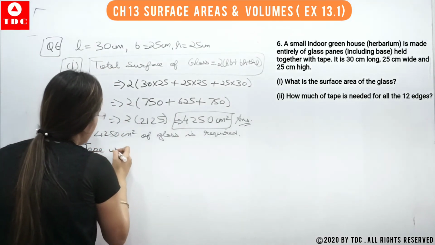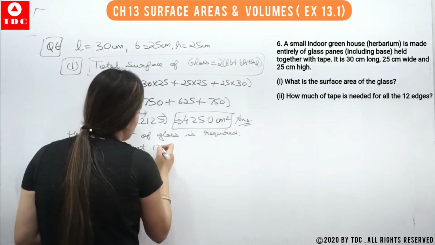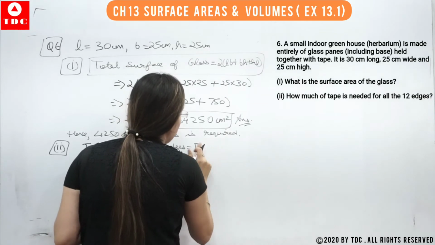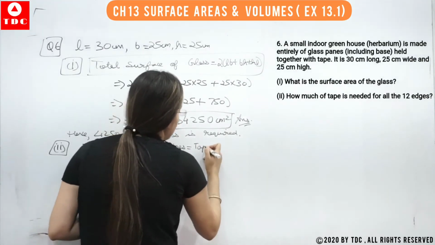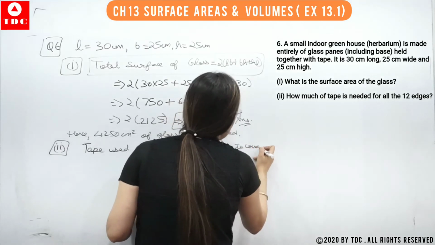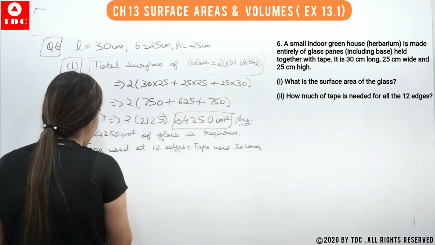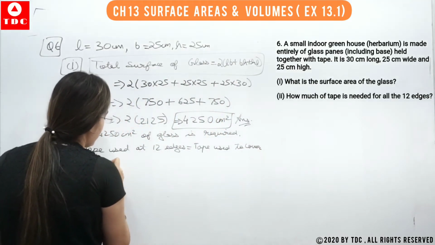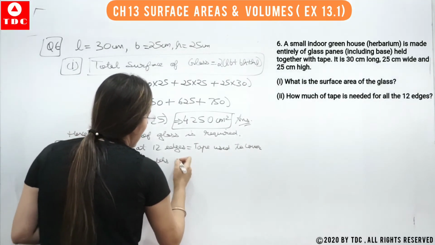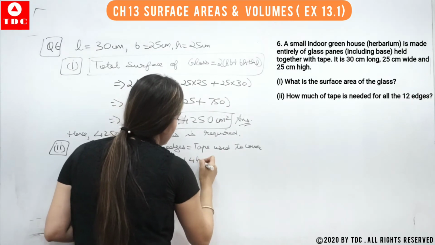Tape used at 12 edges is equal to the tape used to cover. How much tape will we require to cover 4 lengths, 4 breadths and 4 heights.